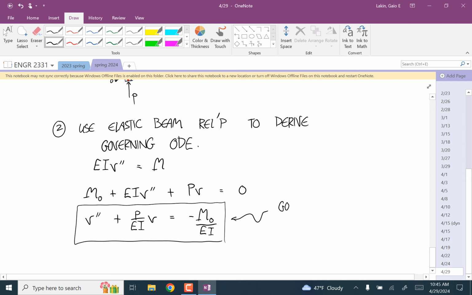So that's the governing ordinary differential equation for fixed at the bottom, at the base I've been calling it.